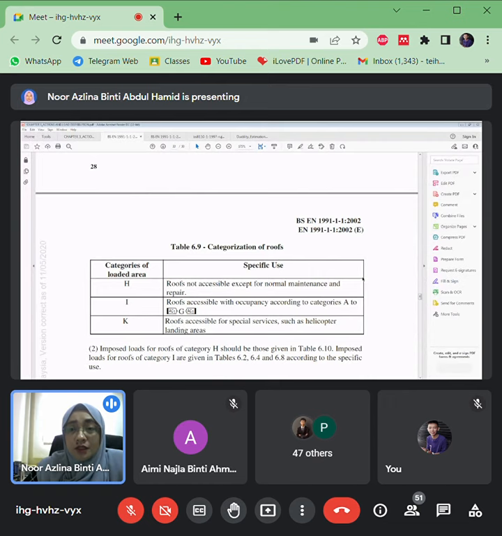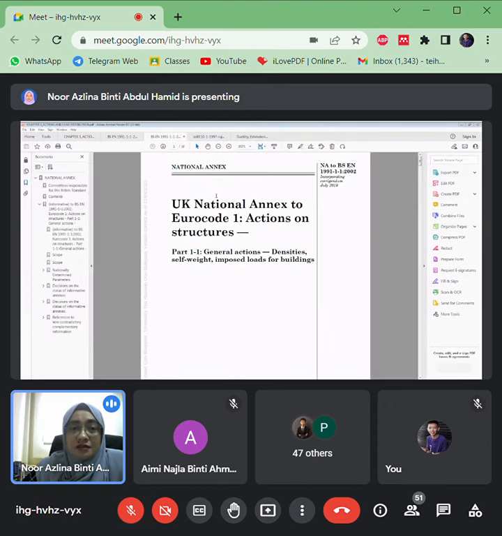Tak cukup lagi, they provide you the attachment, another annex here, which included another tables for more details, various types of materials. If you look at EC1, it has a partner with the UK National Annex to Eurocode 1. If you refer in the EC2, they also have a UK National Annex to EC2. That means it's a pair here.